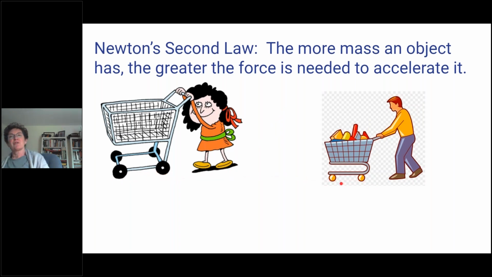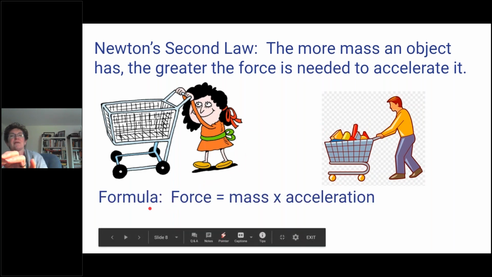And if you have to push it across a snowy parking lot full of ice chunks, it's harder still. But this law can be represented by a formula. And the formula is simply force equals mass times acceleration.